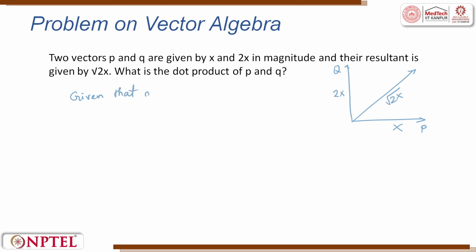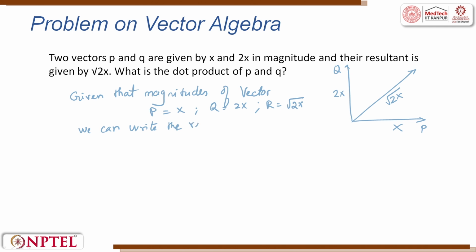Given that magnitudes of vector P equal to x, Q equal to 2x and R equal to root 2x. So, this is given. So, what we can write is the relationship using vector addition.